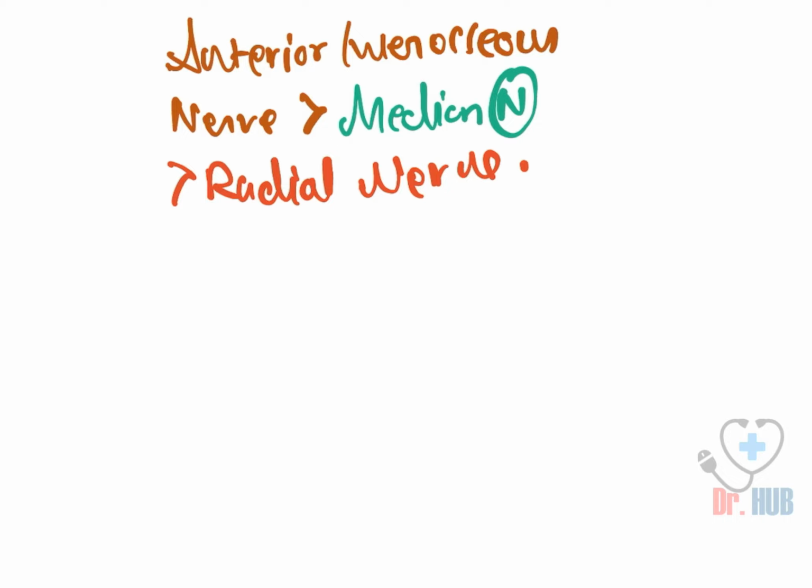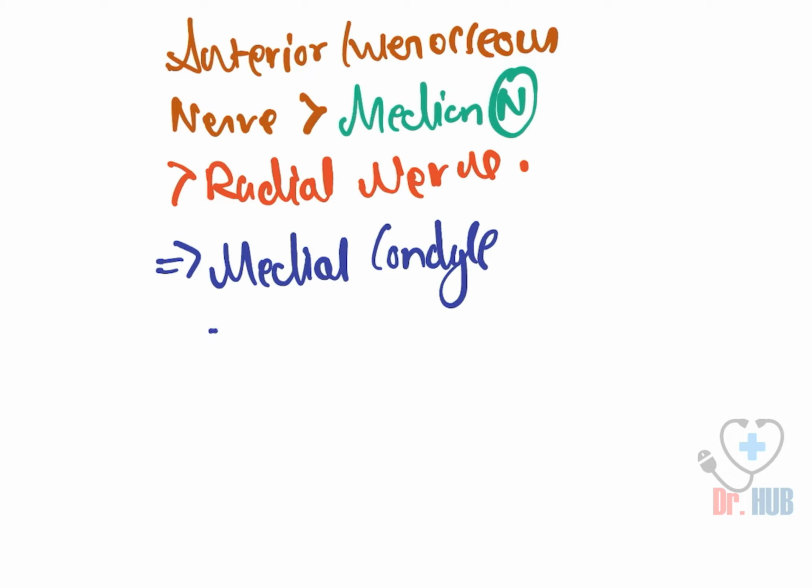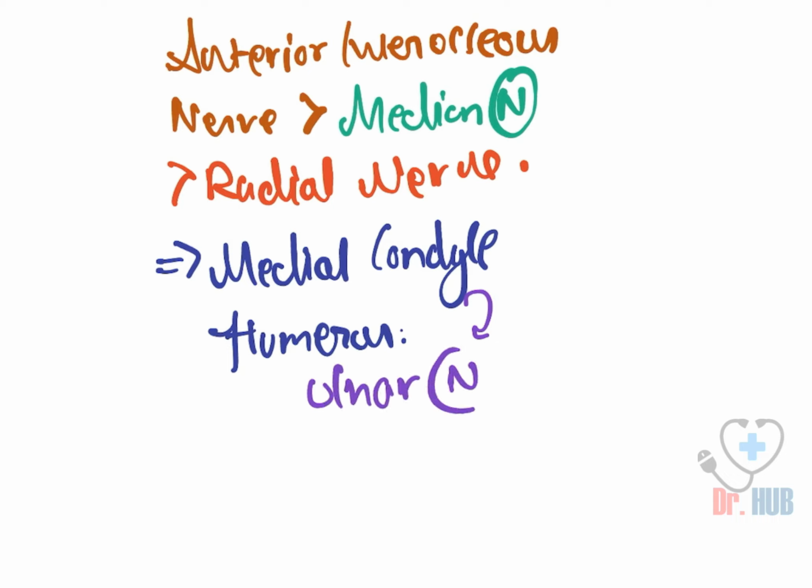Next, we look at the medial condyle of the humerus. The nerve injured in the medial condyle of the humerus is nothing but the ulnar nerve.